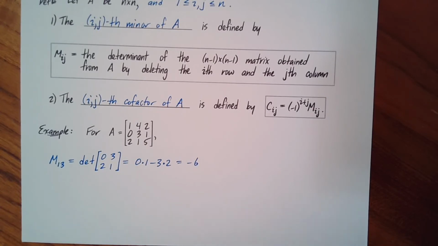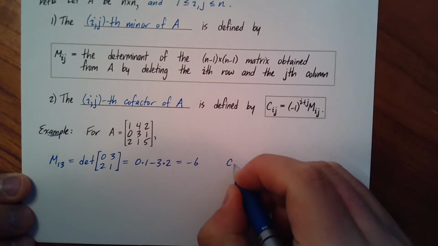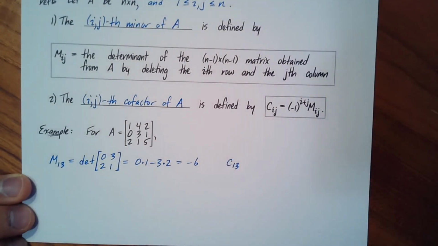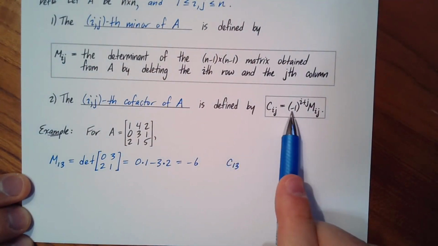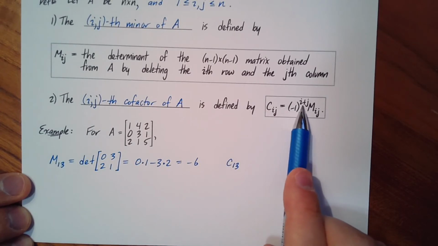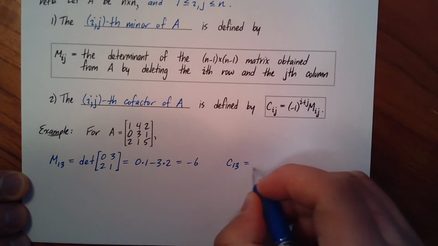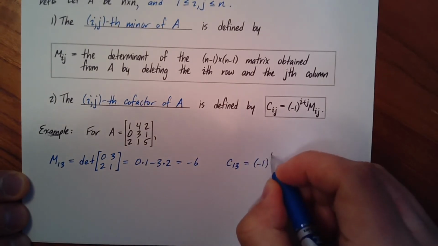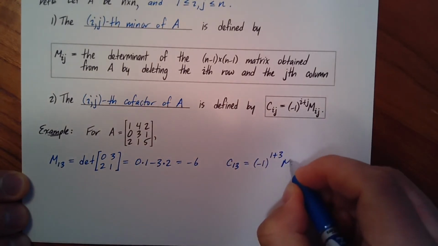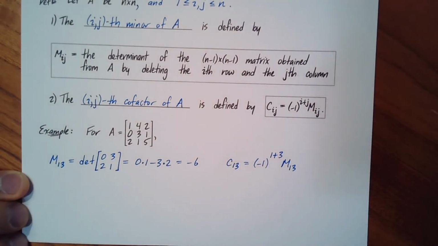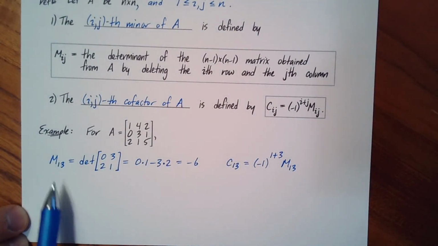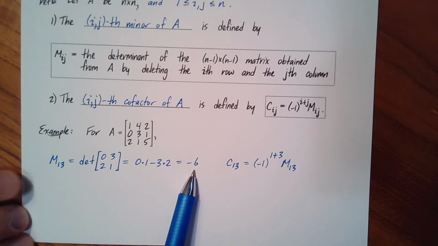What about the 1, 3 cofactor? The 1, 3 cofactor would be C1, 3, which based on this formula, we would just take -1 to the power of 1 plus 3 times the 1, 3 minor of A. And the 1, 3 minor of A, we already worked out, it's -6.